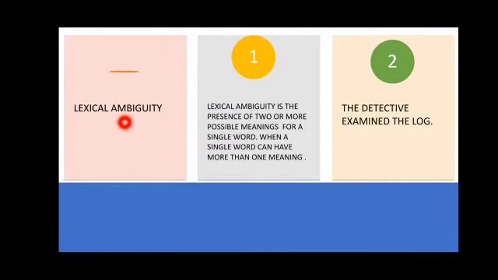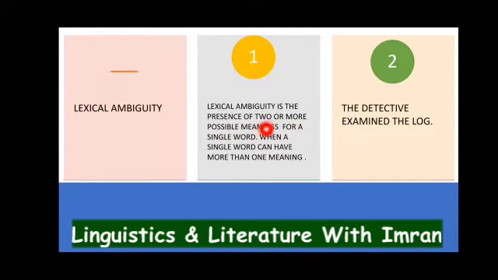Explanation of lexical ambiguity. Lexical ambiguity is the presence of two or more possible meanings for a single word, or when a single word can have more than one meaning. For example, the detective examined the log. In this sentence, we have a lexical item, and that is log, which has more than one possible meaning.